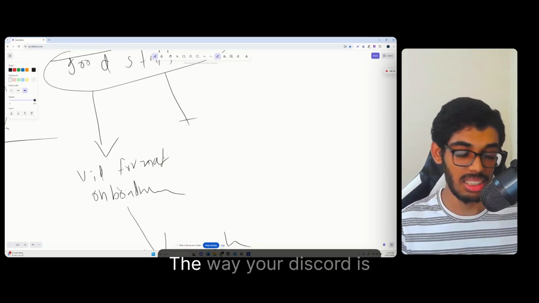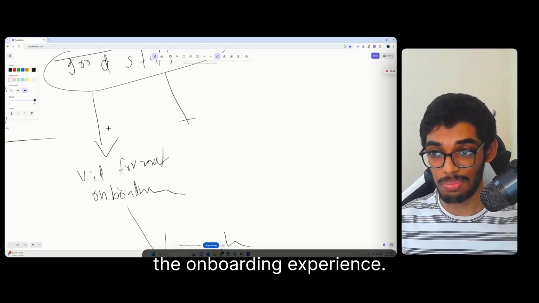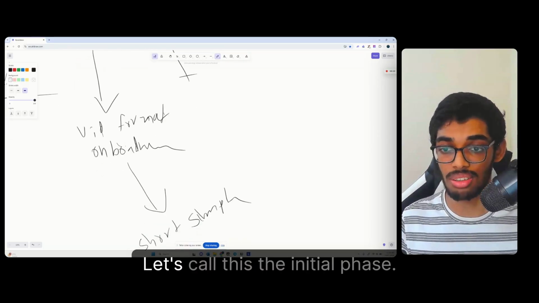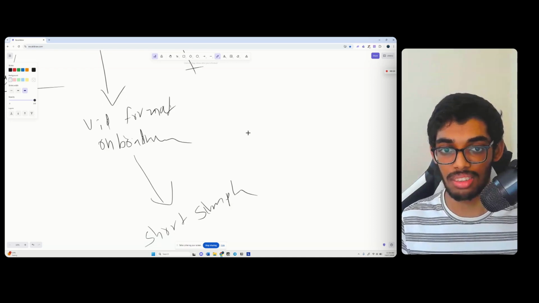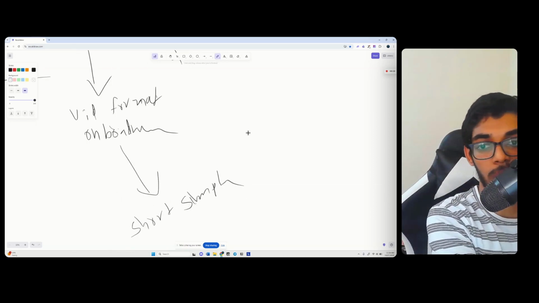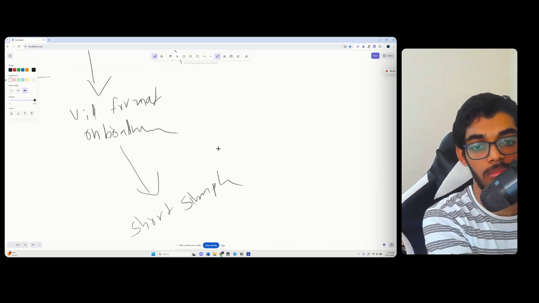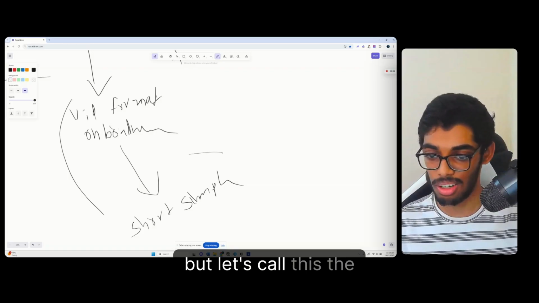The next is the way your Discord is. Now, the onboarding experience, this is the initial phase. Let's call this the initial phase.